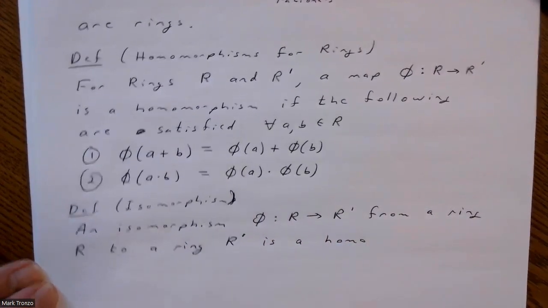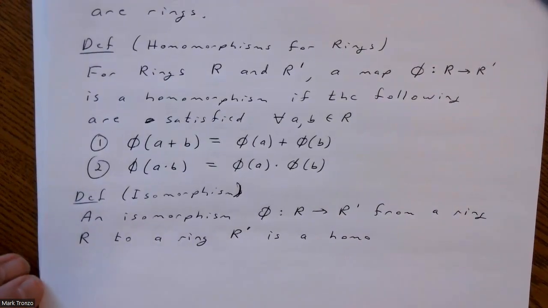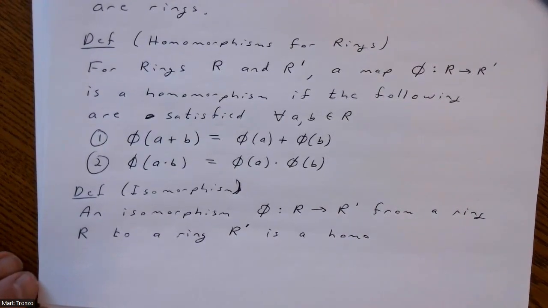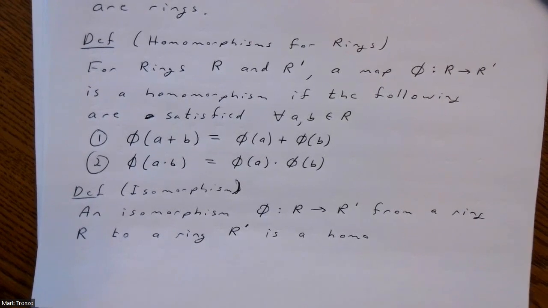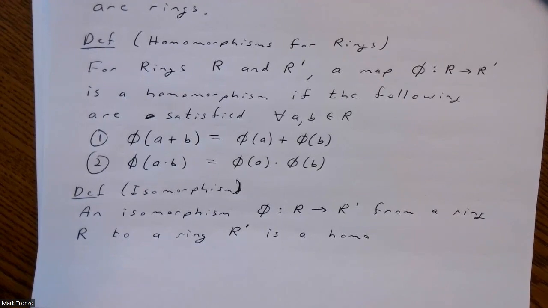Should that be the other way around? I'm sorry. Should it be a homomorphism from a ring to another ring is an isomorphism if something is true? Oh, yeah, let's see. How did I state this? And it's from a ring.